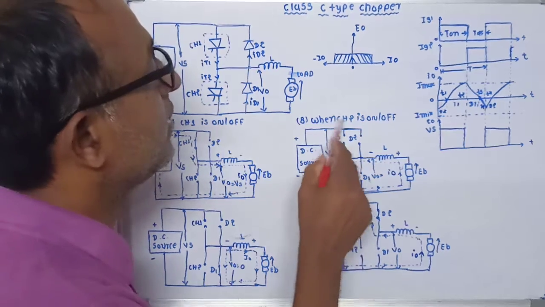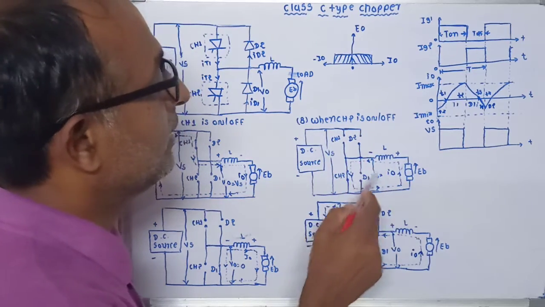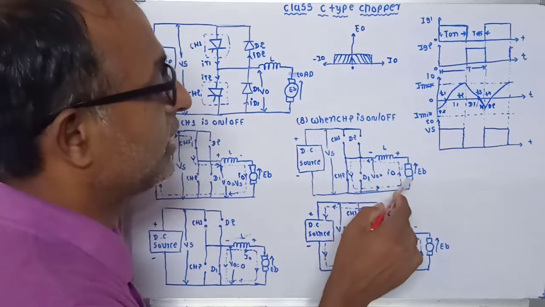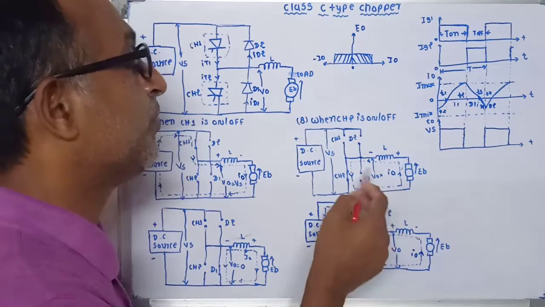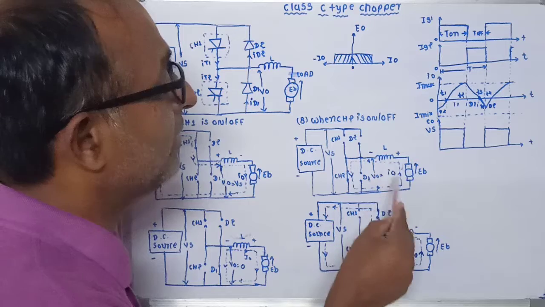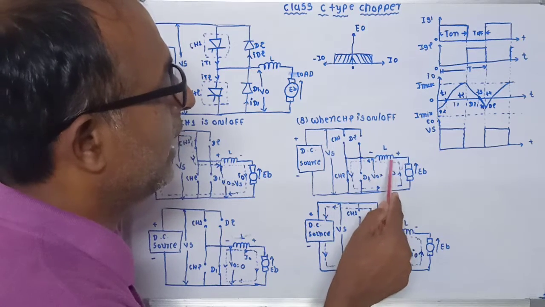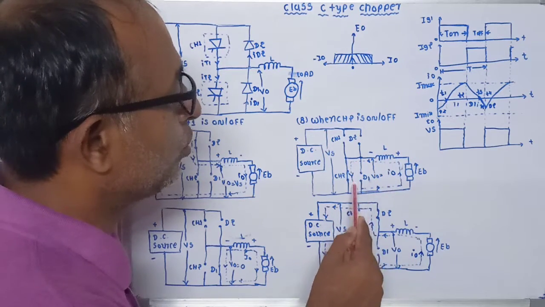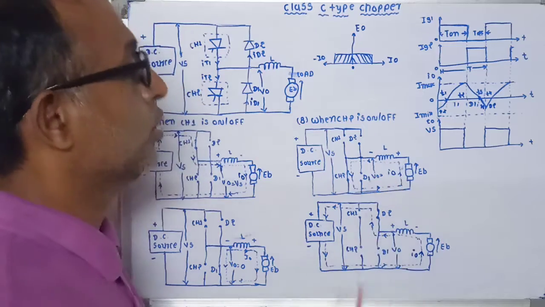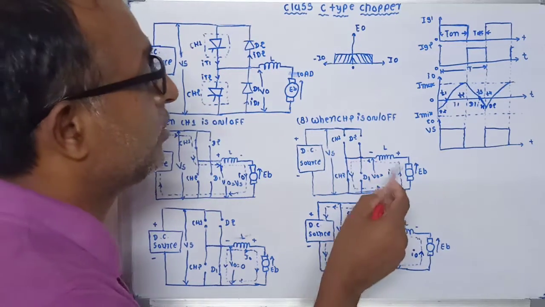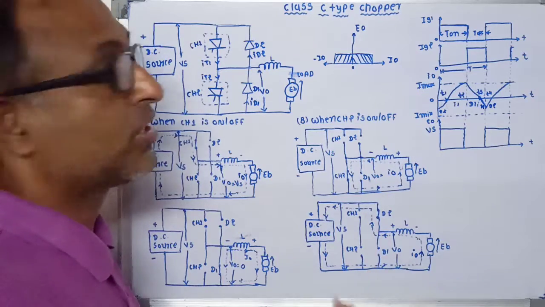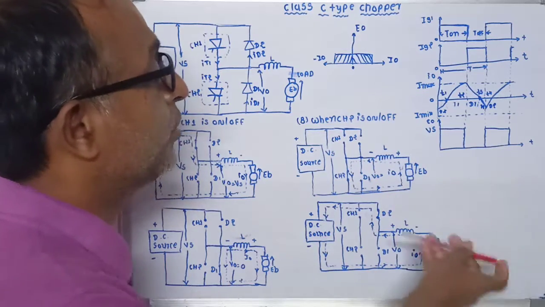When chopper CH2 is turned on, due to this reverse voltage and back EMF, load current starts flowing in this circuit, with the path from L to CH2 and then into the load. So the load current is in reverse condition because it flows from right to left.